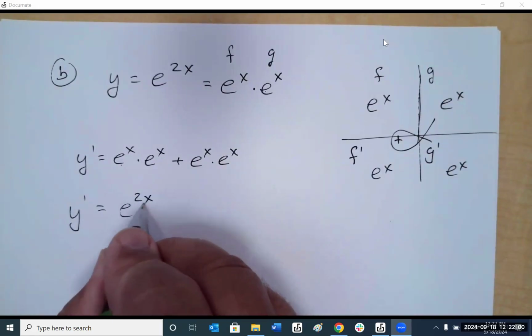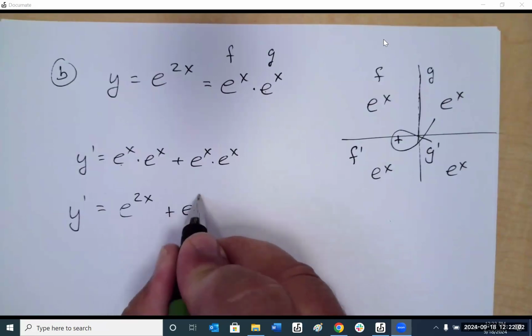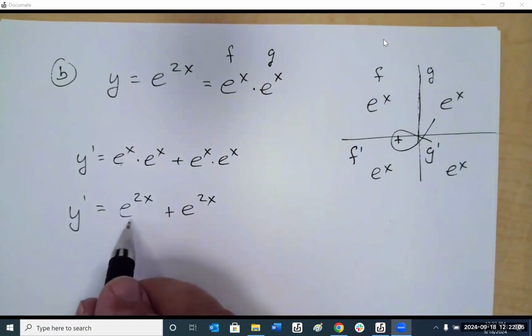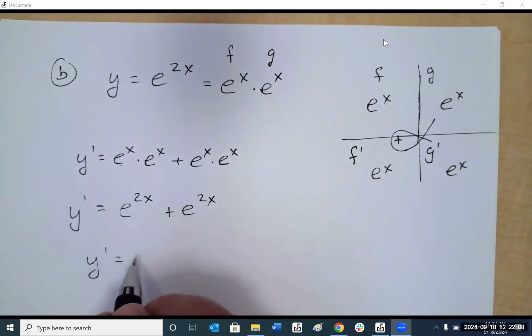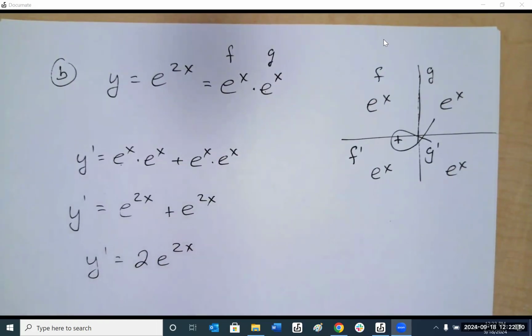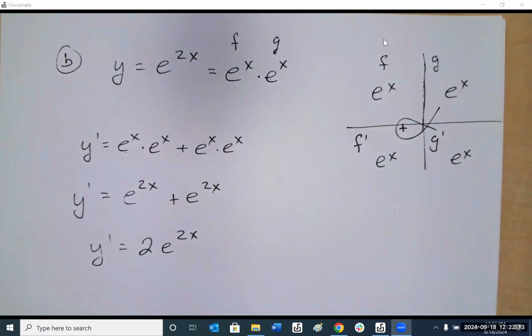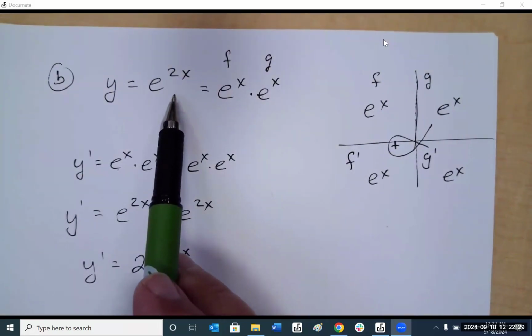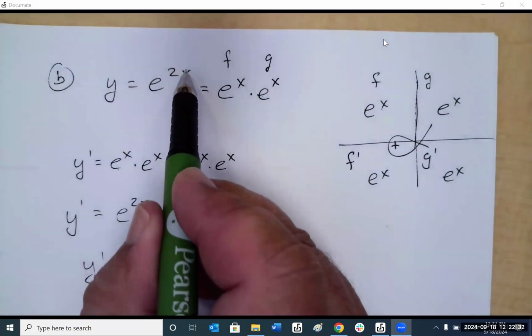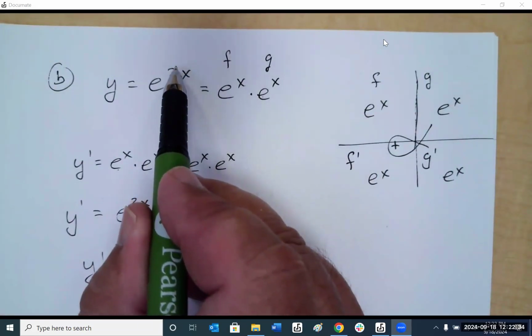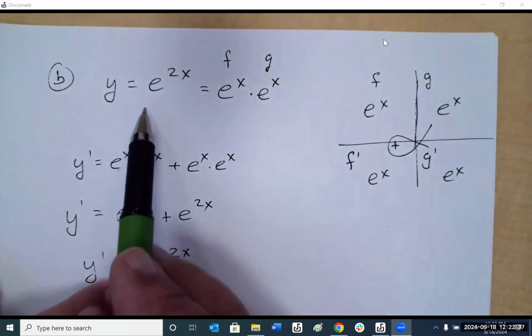Well, it's e to the 2x plus e to the 2x. So then we have two of those. That was, of course, the long way around doing it, but it said, let's use the product rule. If you saw this, remember the shortcut? Take the derivative of the exponent, which is 2, times whatever the function is.